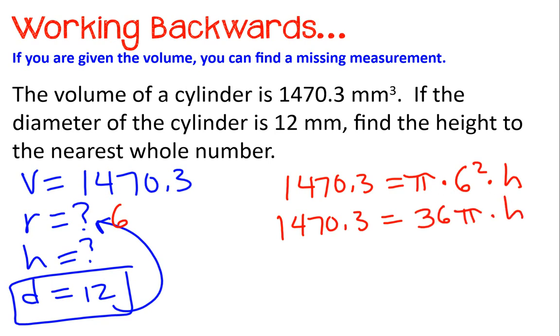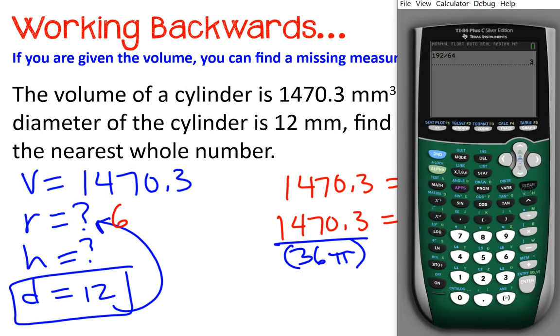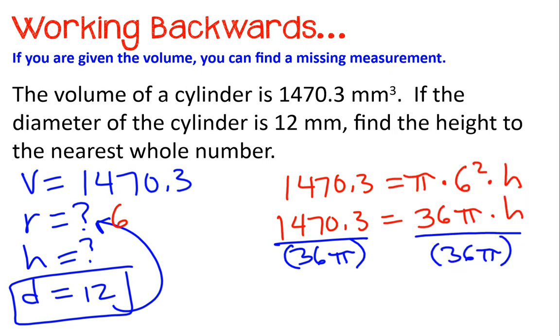You start kind of commuting them right away, and that's a really good move. 36 pi, 36 pi. Get your calculator ready. 1470.3 divided by parentheses 36 pi. 13.